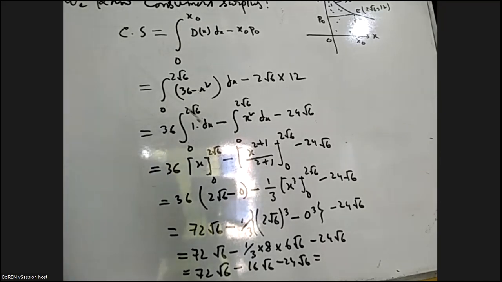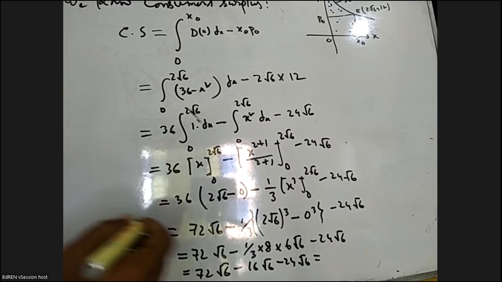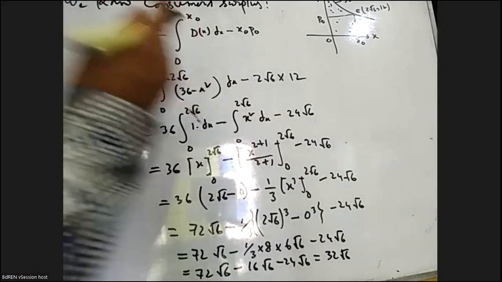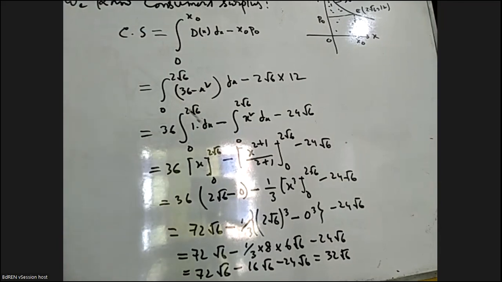This equals to 32 root 6. So we get the consumer surplus is actually 32 root 6.